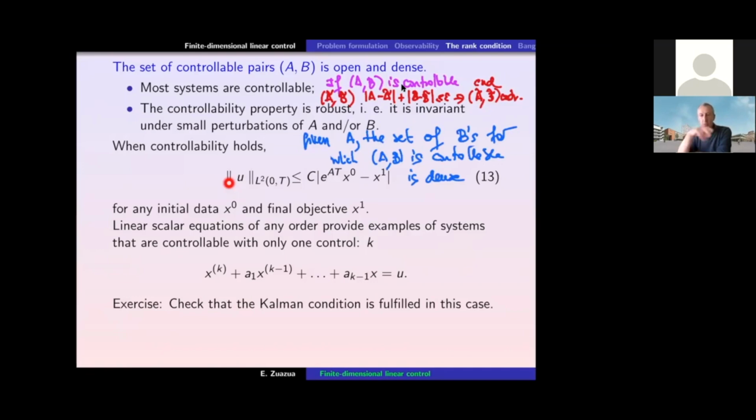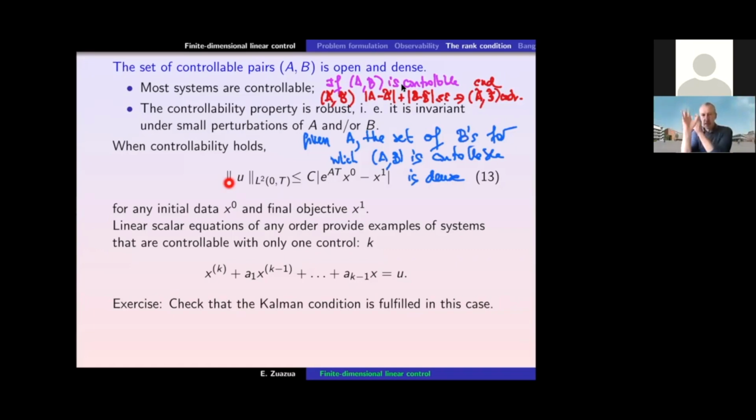What does it mean to be dense? It means that if I am unlucky and I find a B so that when I check the Kalman rank condition the system is not controllable, it's not so bad, because I can always say, well, maybe for this B the system is not controllable. The same you could do if you take a neural network to classify data, and this neural network doesn't do it.